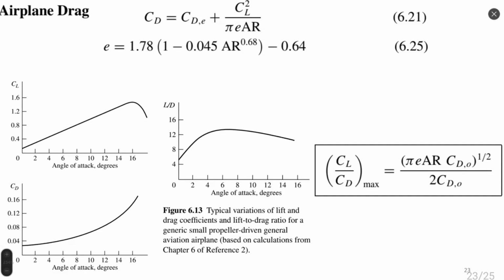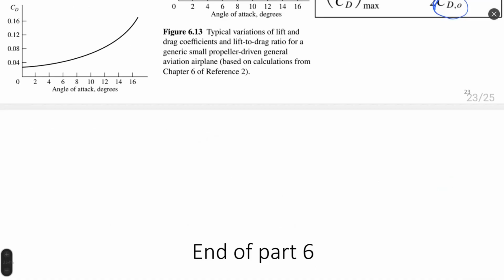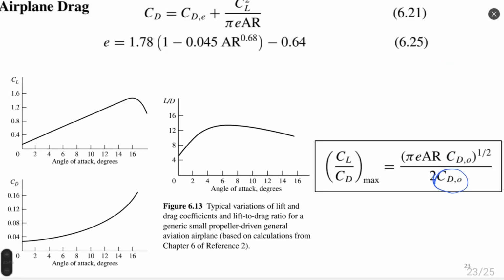With equation 21, we can obtain drag, so we can obtain required thrust of engine for known geometry of airplane with known aspect ratio, and also lift to drag ratio, which you can see on the right side of my screen, which can give us the lift coefficient and which can say how much could be the weight of this airplane, of this structure, as a function of aspect ratio and as a function of zero drag coefficient for, I think, the airfoil, if I'm not wrong. Yeah, CD0, supposed to be some drag coefficient.